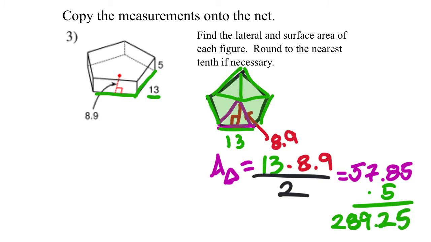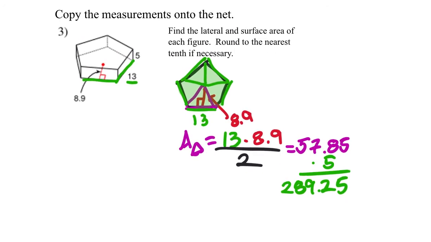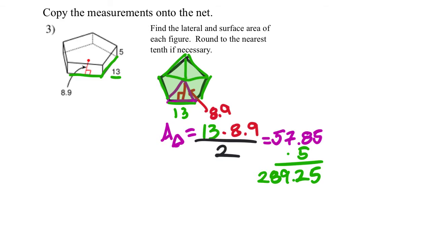Now we acknowledge that there is a second pentagon on the bottom and the top, right? So we can multiply this by 2, and that will then give us the area of both pentagons. So multiplying by 2 then gives me 578.5. And this is the area of the pentagons, both pentagons together. Okay, so that's an important value.